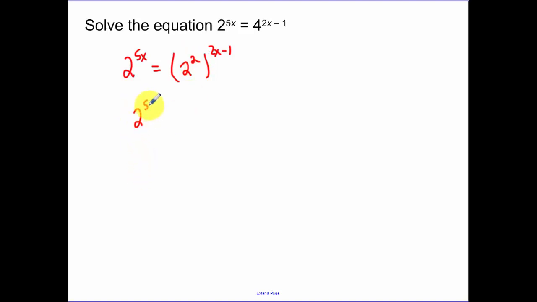So I have 2 to the 5x equals 2. Now I can multiply again these powers since I have a power to a power. So that becomes 4x minus 2. Set your powers equal.